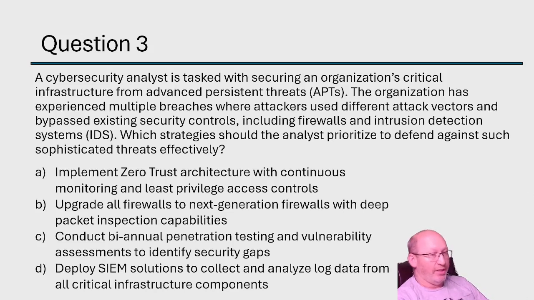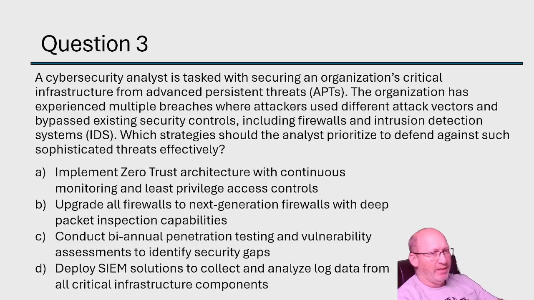I do like D better than C, where we deploy those SIEM solutions. That allows us to collect log data from all our critical infrastructure components. It's going to allow us to identify if there's a pattern, if it detects something wrong with the system. It's going to amp up our firewalls and IDS systems. And I like it better than C. I really do. It's a good solution.